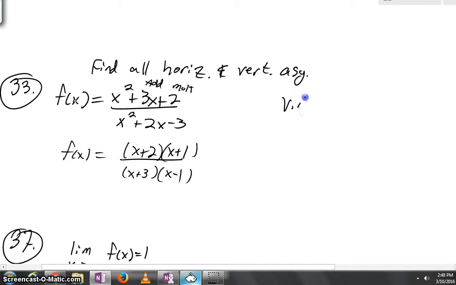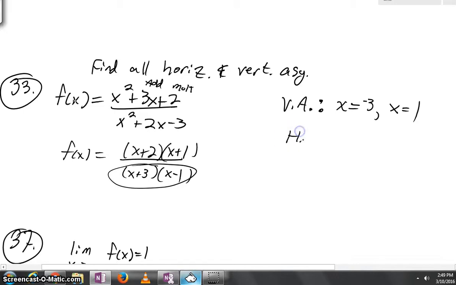Let's talk vertical asymptotes. Vertical asymptotes occur where the denominator could equal 0. What vertical asymptotes would we have? x would equal negative 3, x equals 1. Right? That's where you'd get vertical asymptotes.